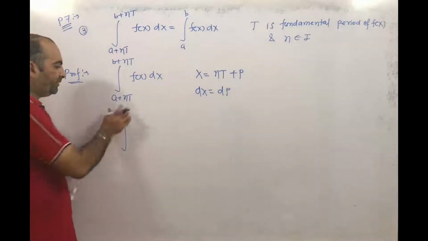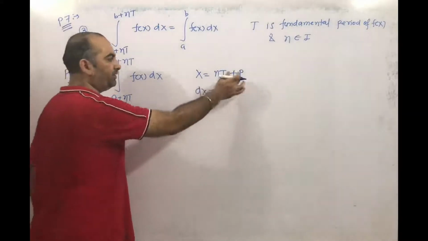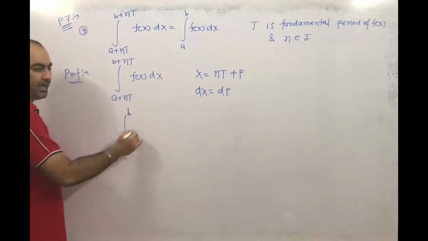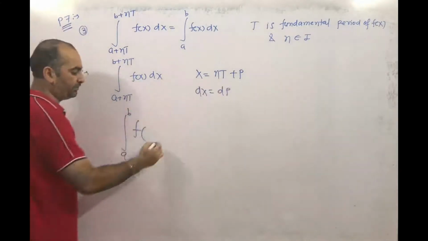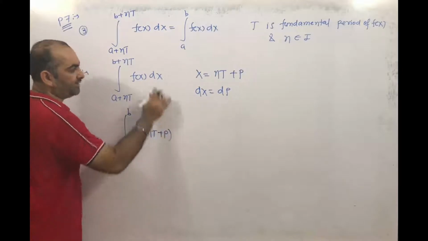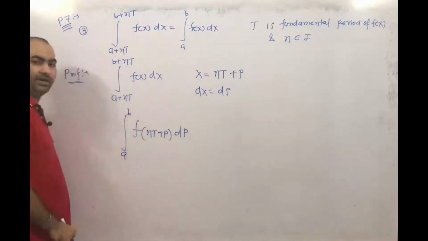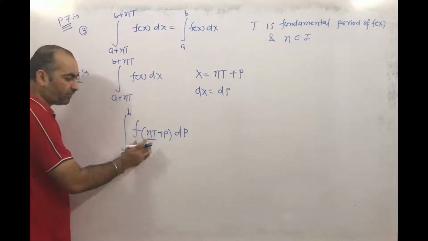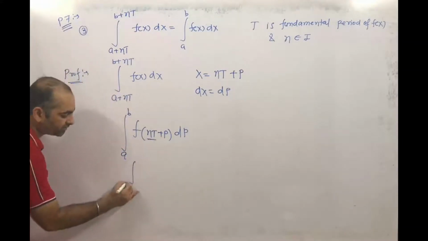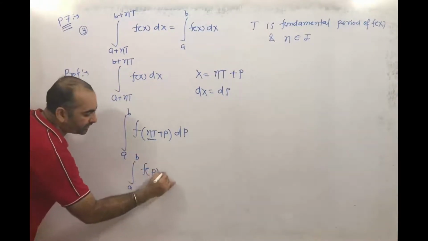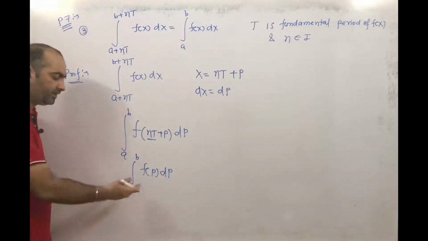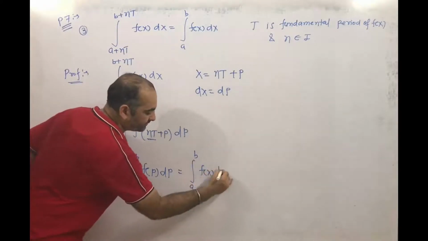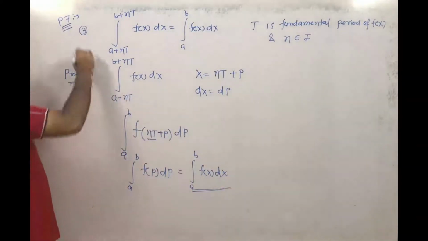If I put the lower limit a plus nT, the p value will be a, and if I put the upper limit b plus nT, the upper limit will be b. The integrand is f of nT plus p, and dx becomes dp. Now nT is a period, so f of nT plus p equals f of p. So this is integration from a to b of f(p) dp, which in terms of x is integration from a to b of f(x) dx. This is point number 3.